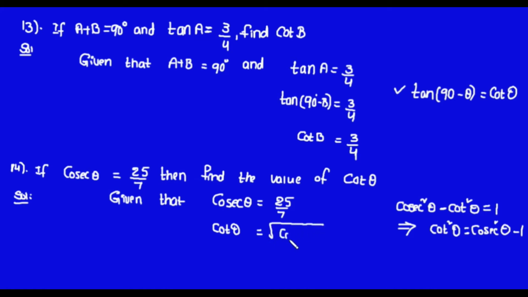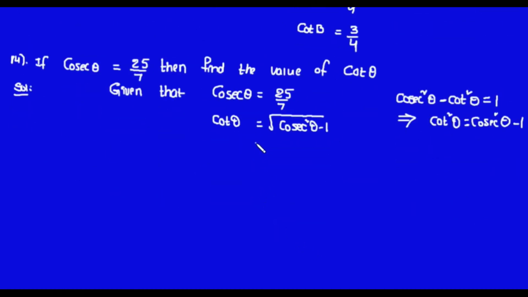That means cot theta is equal to square root of cosecant square theta minus 1. On substituting the value of cosecant theta in the above step, we will get square root of 25 by 7 whole square minus 1.